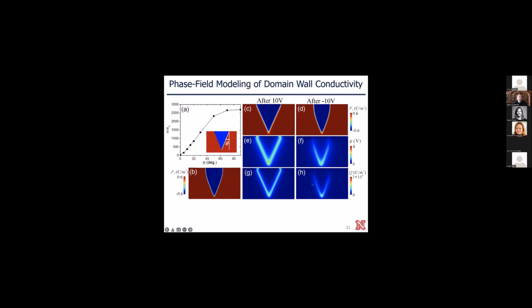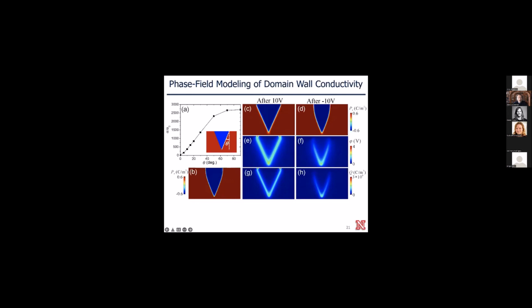So in effect, after we wait for some time, the shape of the triangular domain will change into this type. And this part of the domain wall, since it doesn't carry any charge due to the polarization discontinuity, is an electrically neutral domain boundary, so it doesn't show any conductivity.